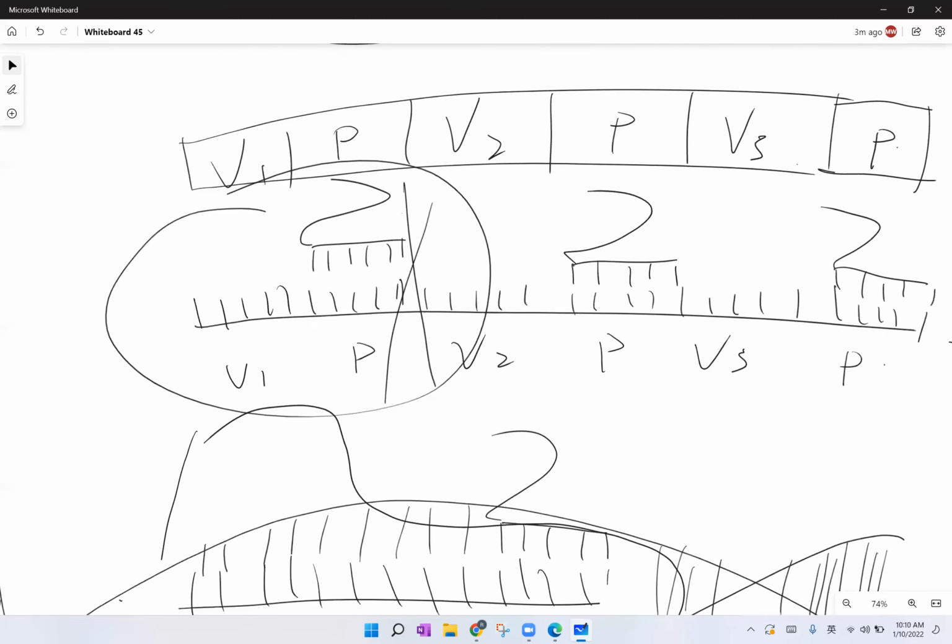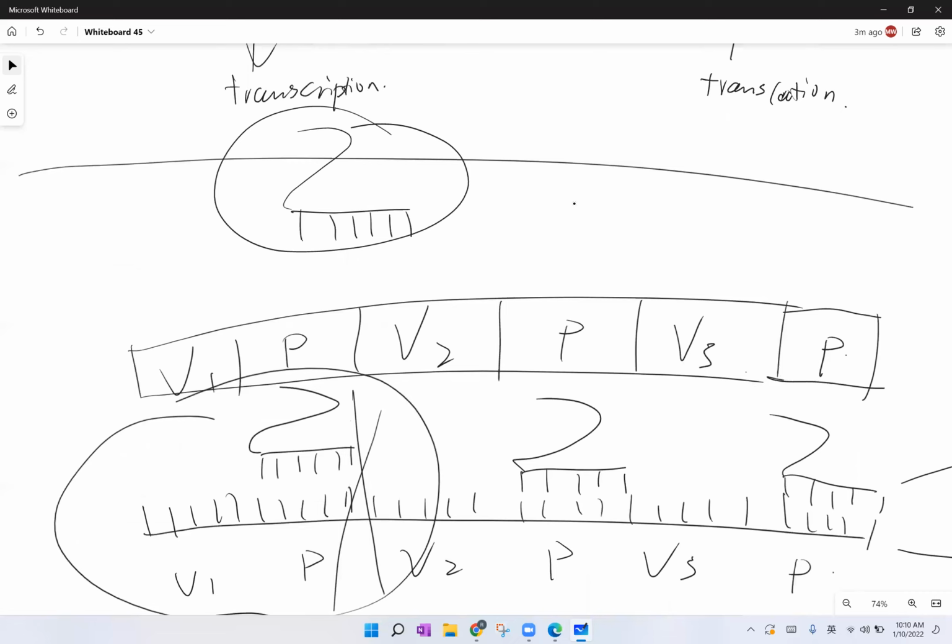So the main difference is for the bacteria, they don't know where V1 and V2 start or end. So they have to use a palindromic repeat to locate the accurate position of your V1 starting point and V2 starting point, right? But in human application, we make the V1 or the V2.